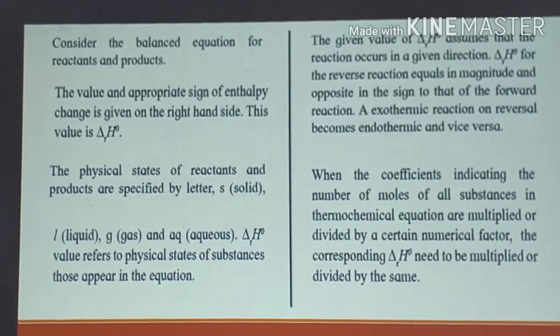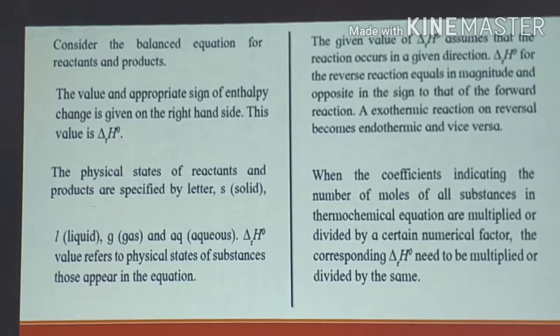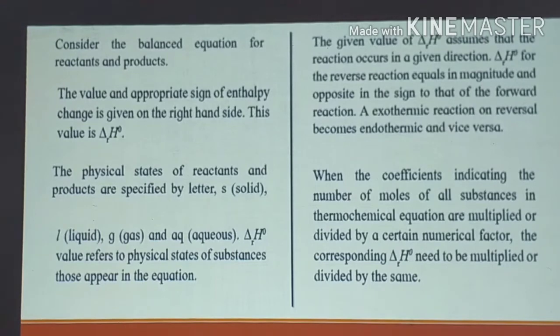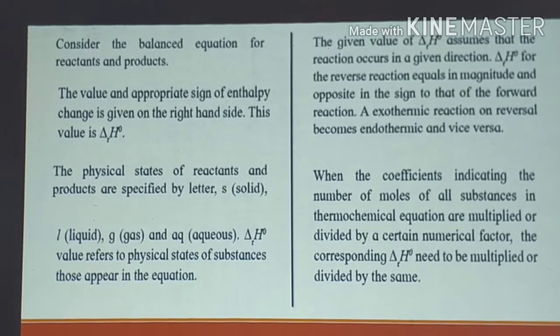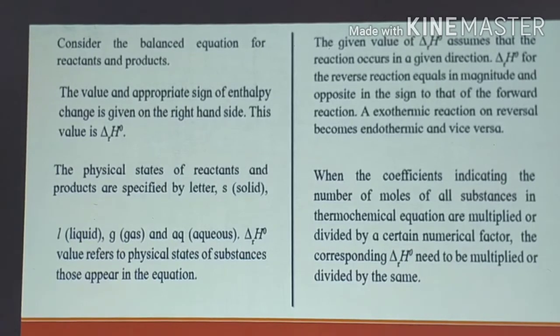When the coefficients indicating the number of moles of all the substances in the thermochemical equation are multiplied or divided by a certain numerical factor, the corresponding delta rH naught needs to be multiplied or divided by the same numerical factor. So these are the guidelines that are to be followed while writing a thermochemical equation for any chemical reaction.